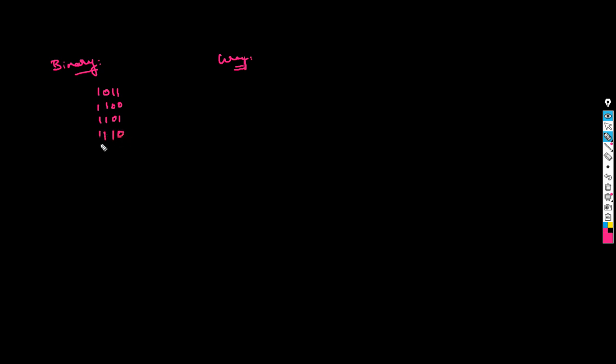Anyone? Sir, in the gray code, we can have only one bit change from one state to another state. In binary, between these two things, and even between these two things, there is more than one bit change, which is going to consume a lot of power when you look at the overall power of your circuit.